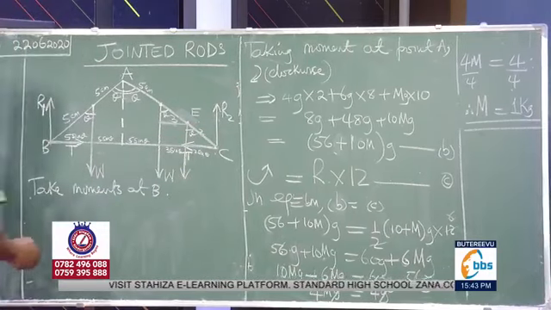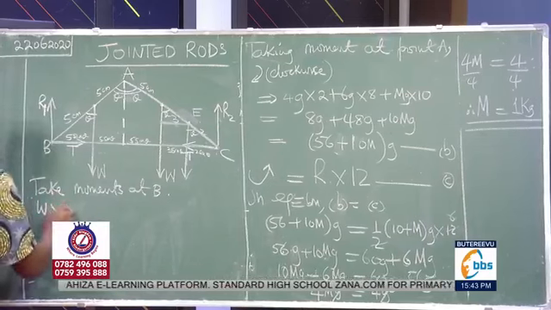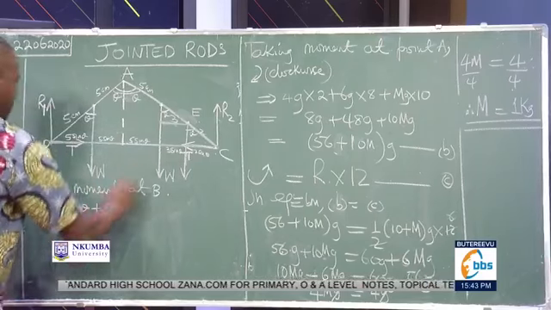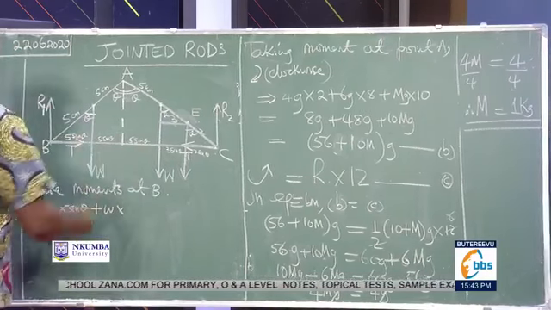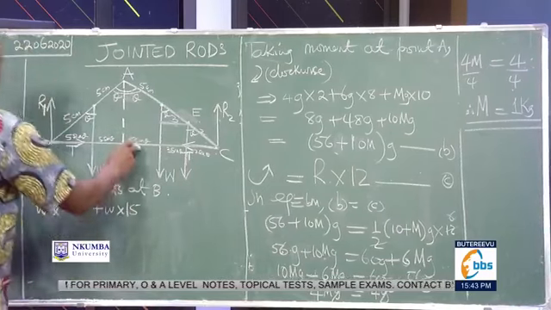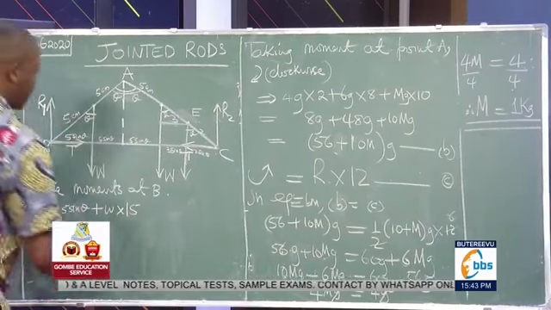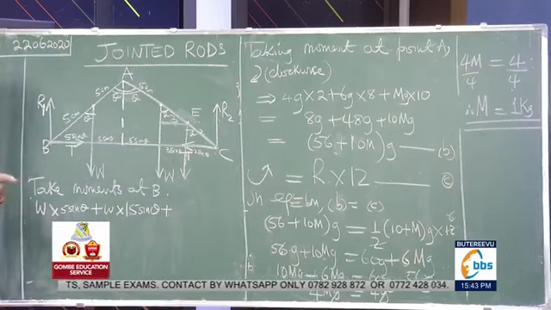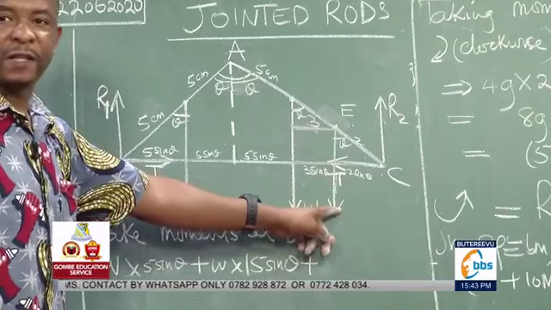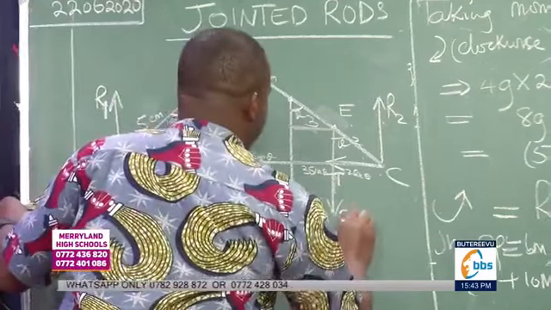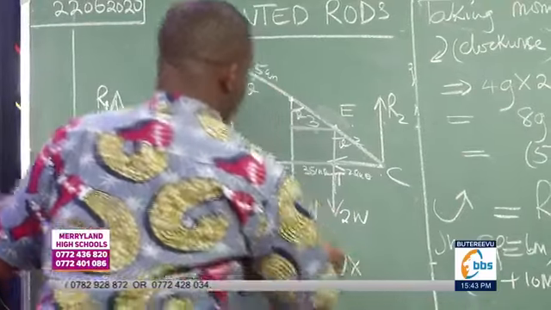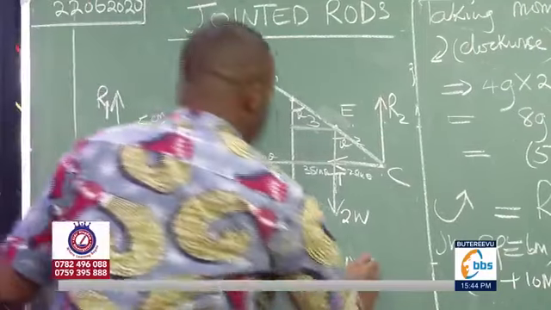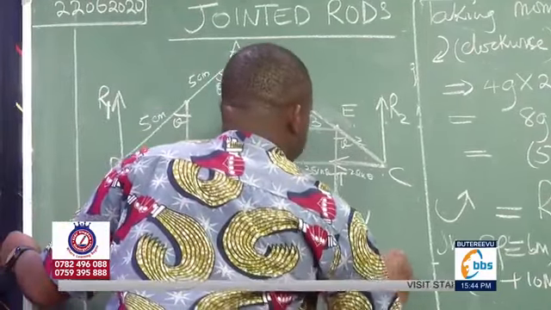So if we take moments at B, we shall have W times the perpendicular distance, which is 5 sine theta, plus W times the perpendicular distance, which is now 15. This plus this plus this, which is now 15 sine theta, plus, they told us that this weight is 2W, plus 2W times the perpendicular distance, which from here is 5, 15, 18, times 18 sine theta.